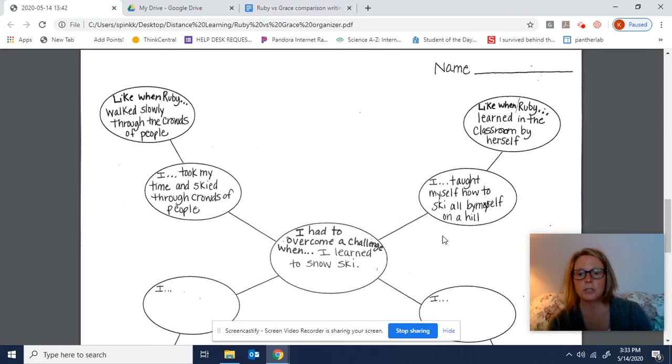I also related it to how I really try to stick by myself. I taught myself some things by myself without anybody around on the hill. And I related it to Ruby learning in the classroom by herself without having any classmates with her.